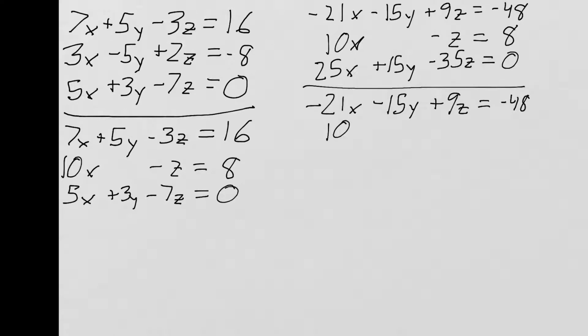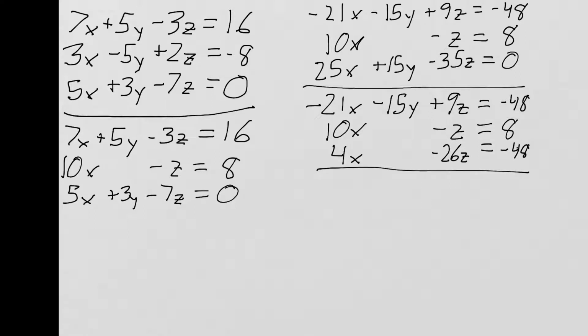And I still have 10x minus z is equal to 8. Then finally 4x minus 26z is equal to, let's see, that would be -48. So I've eliminated y from 2 of the 3 equations.